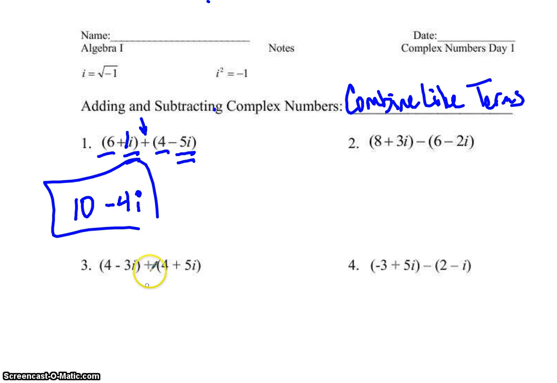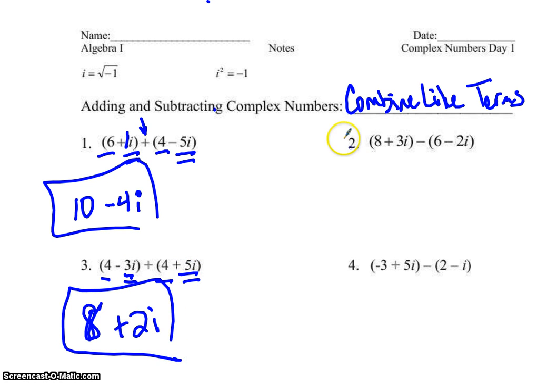So looking at 3, because it works the same, 4 plus 4 is 8. And then -3i plus 5i, -3 plus 5 is 2, so plus 2i. Now, if there is a subtraction sign in the middle, then the second set of parentheses does mean something. And you've got to be careful. You've either got to do leave change opposite and change the signs, or just remember that you're subtracting.